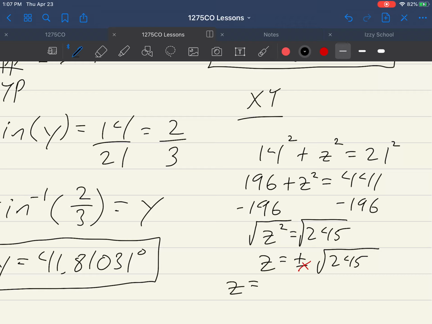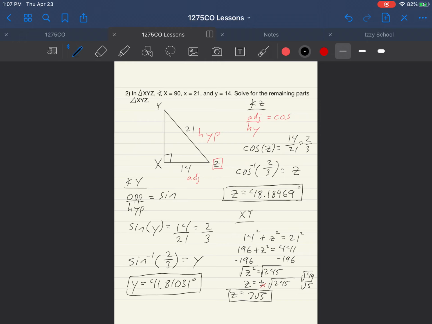So z is going to equal, after using factors of 49 and 5, 7 radical 5 as an exact answer. If you did use trigonometry to solve for that side, you probably won't get 7 radical 5. You'll probably get a decimal approximation.